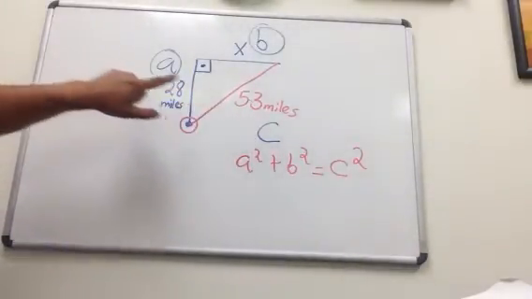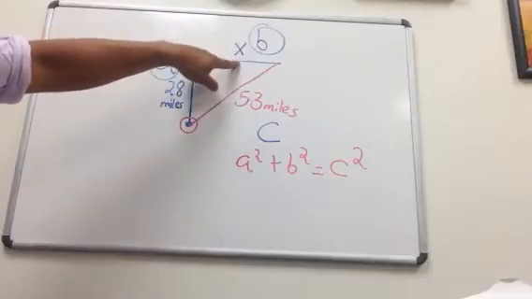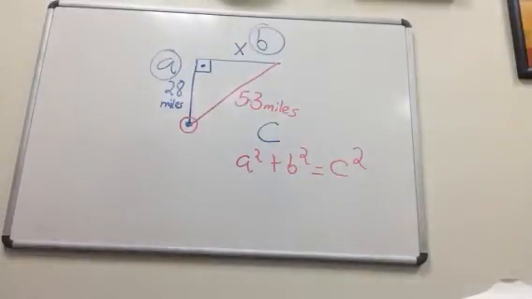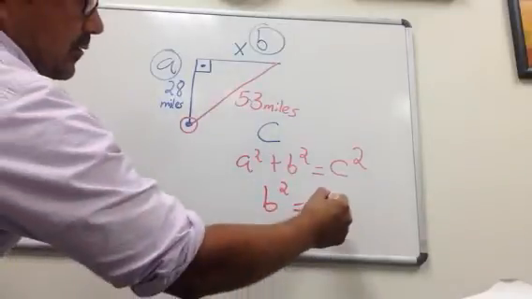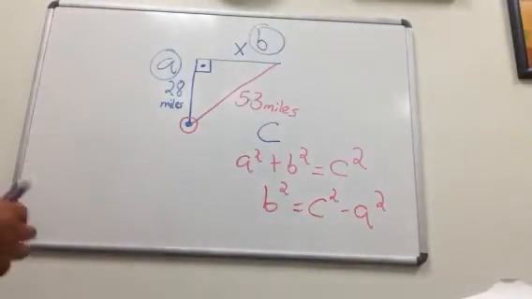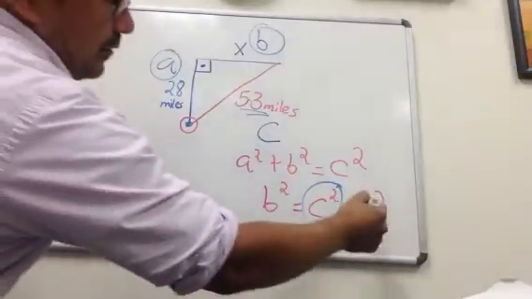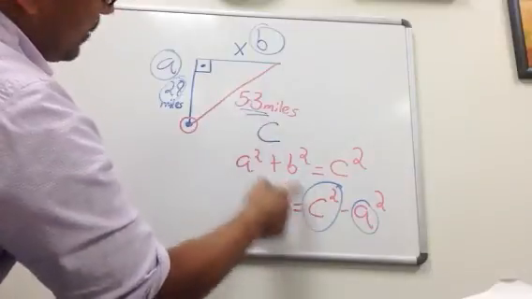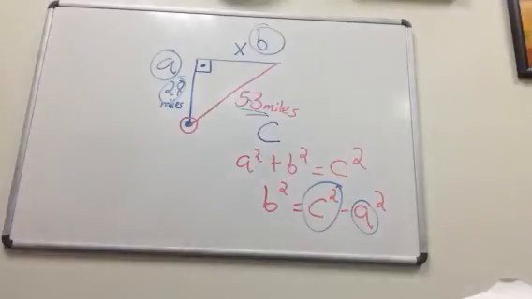I know C, I know A, I am missing this, which is the amount of distance he traveled east. I'm going to call it B, so I can establish the following relationship. B squared is going to equal C squared minus A squared. And remember, you know the value of this, which is 53. You know the value of A, which is 28, and then remember, you square 53 squared, 28 squared, you do the subtraction, and you get B squared.